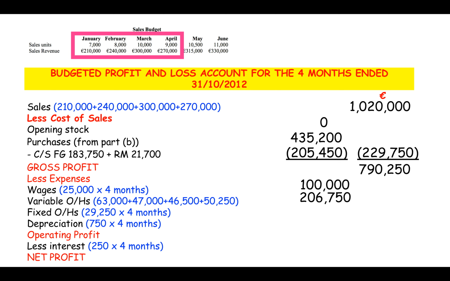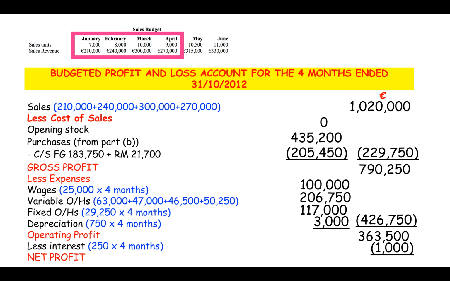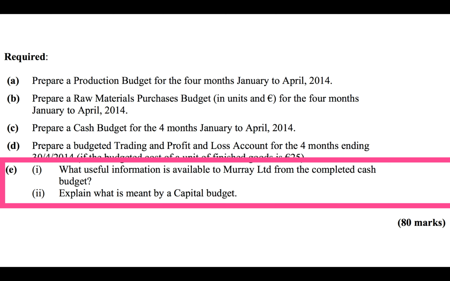Fixed overheads, 29,250 multiplied by 4 months is 117,000. Depreciation, €750 multiplied by 4 months is 3,000. Then we can take away the interest, €250 by 4 months is 1,000, and our net profit then is €362,500. So that is the budgeted trading profit and loss account.